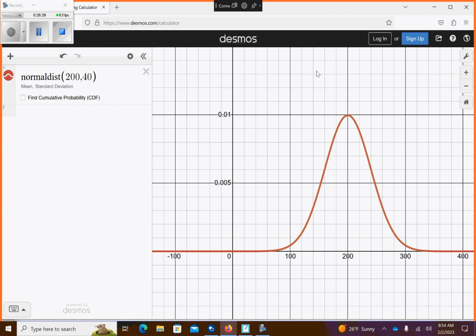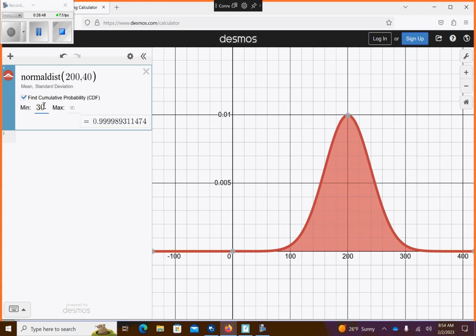We want to know what's the chance they score between 150 and 250. Okay, so one standard deviation to the left takes us to 160. One standard deviation to the right takes us to 240. So we're going beyond that. So I can go down and I click my little square, and I'm going to change my minimum value to 150. And I'm going to change my other square to 250.